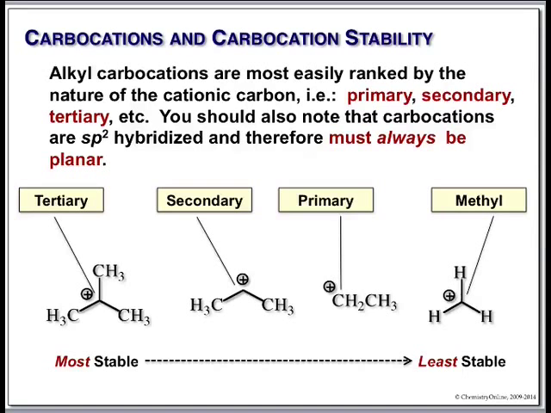So when you do an addition to an alkene, you want to look and see what type of carbocation would be formed on each carbon. In this case, we had a secondary versus a primary. This is more stable. This is the one that's going to form.